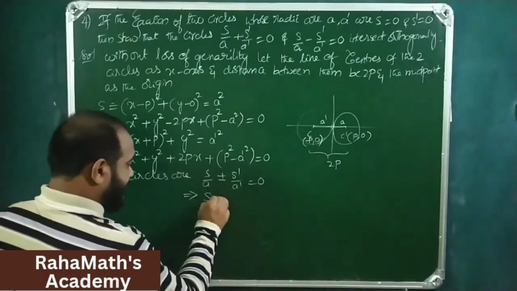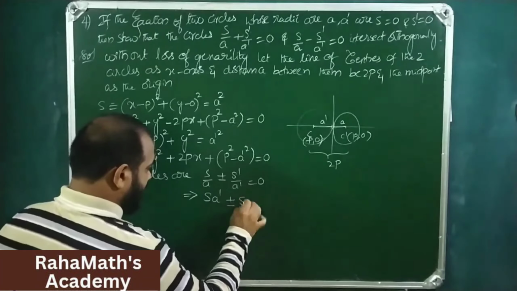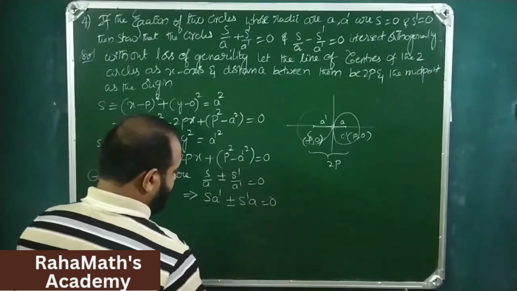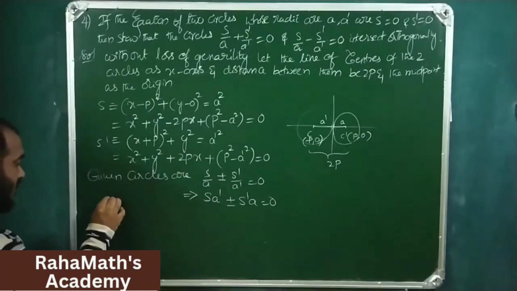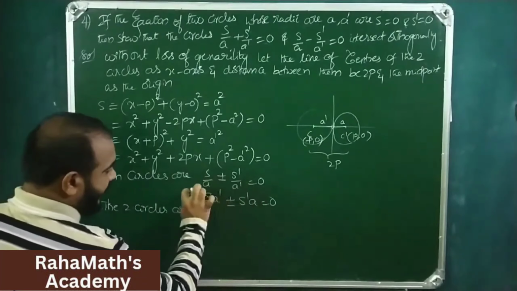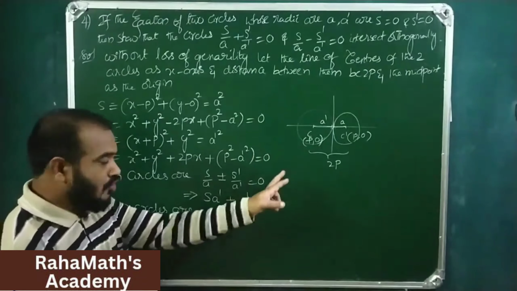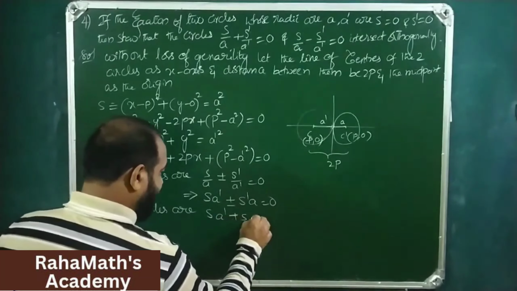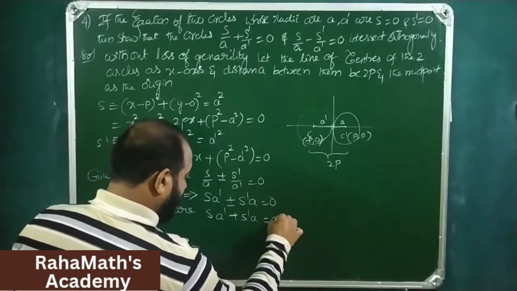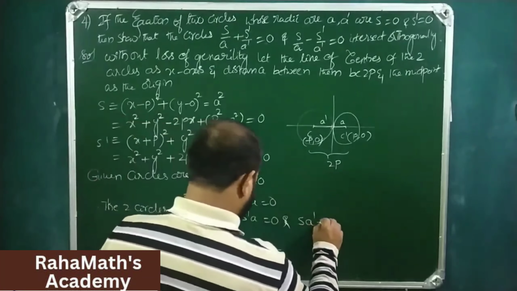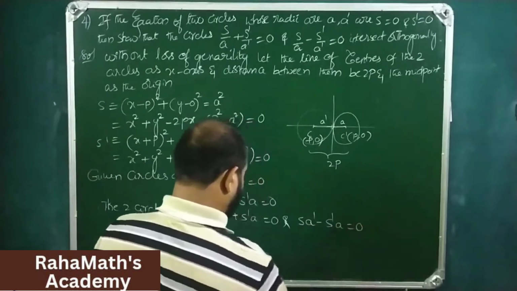So this is S a dash plus or minus S dash a equals 0. Taking the LCM a a dash and cross multiplying, a dash into 0 is 0. Therefore, the two circles are S a dash plus S dash a equals 0 and S a dash minus S dash a equals 0.